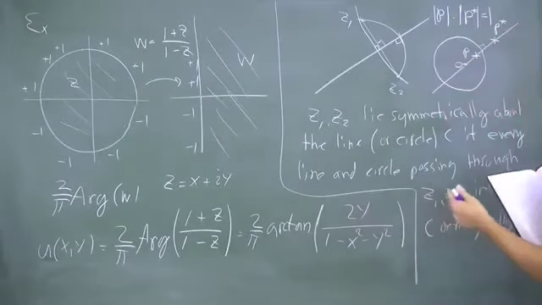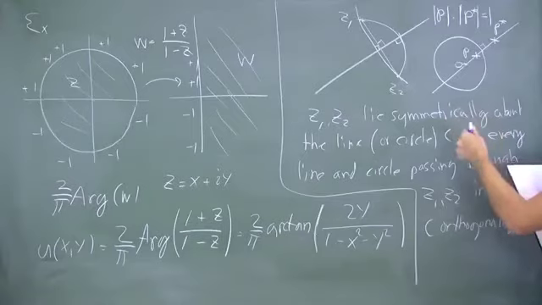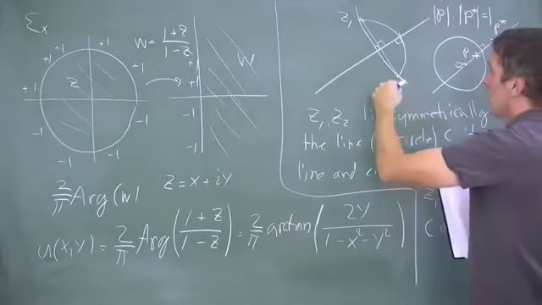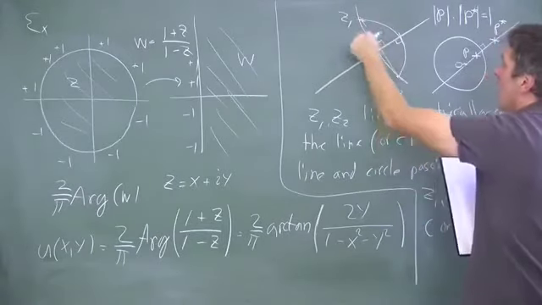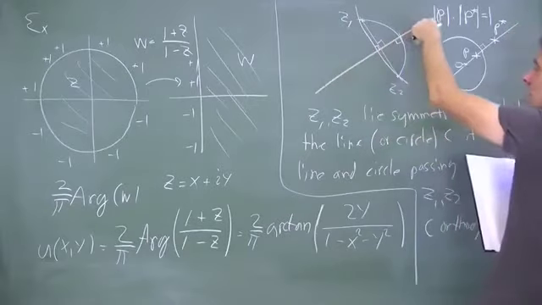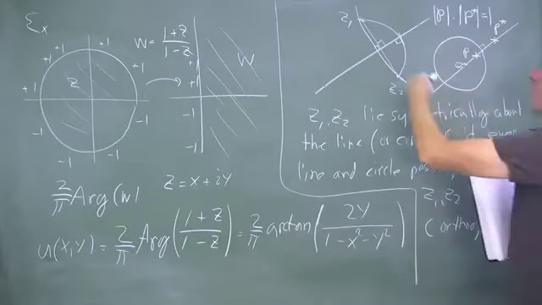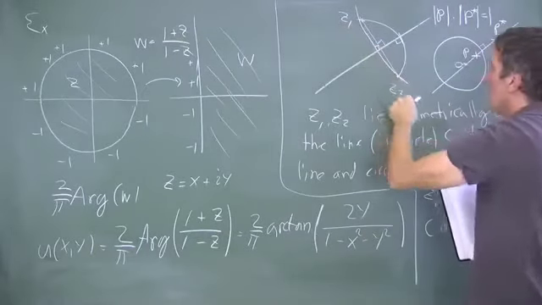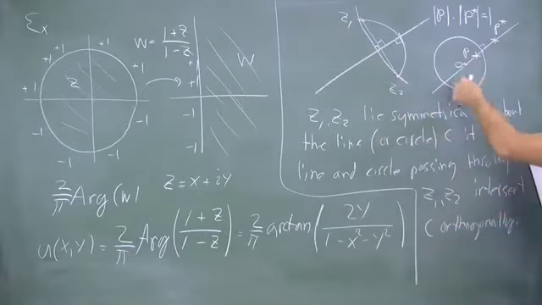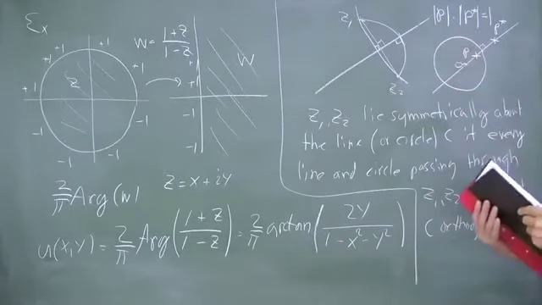So if you have 2 points which lie symmetrically about this line, for example, and if you map this line onto a circle, then the image points of these two will all still lie symmetrically about the image circle.